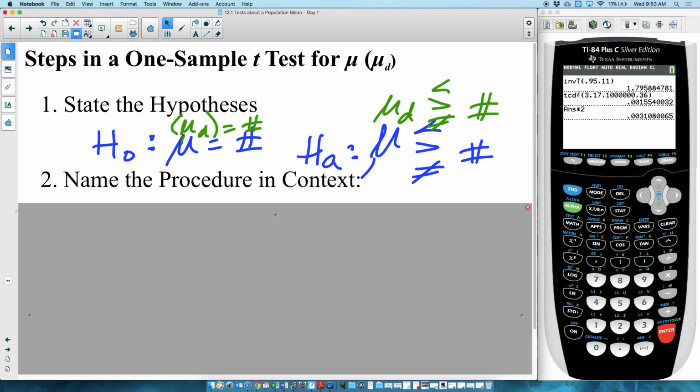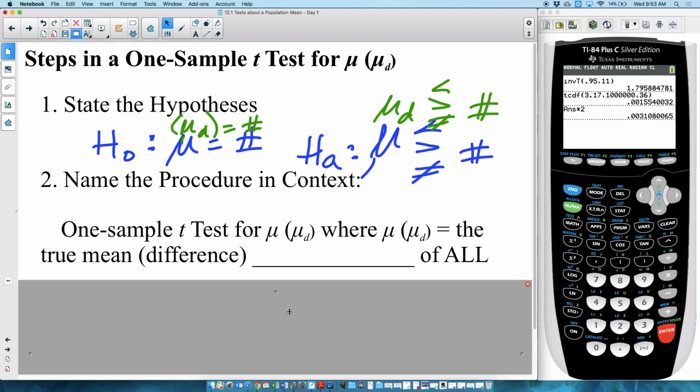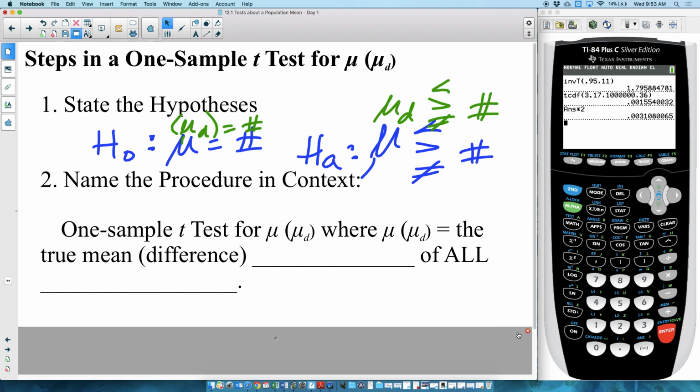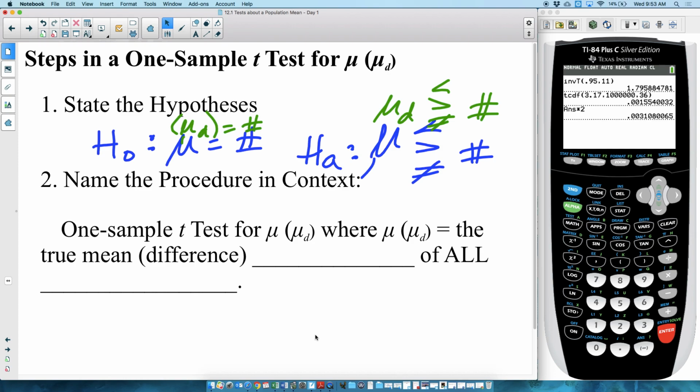And then step 2, name our procedure in context. So this would be a what? One sample t-test for mu or mu sub d, where mu or mu sub d equals the true mean or the true mean difference.